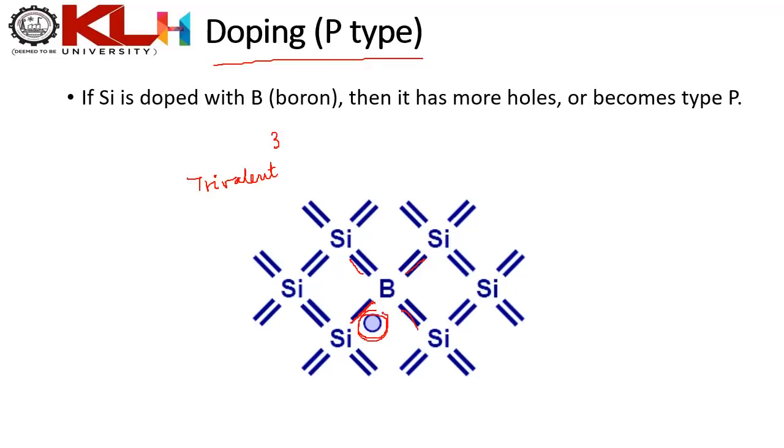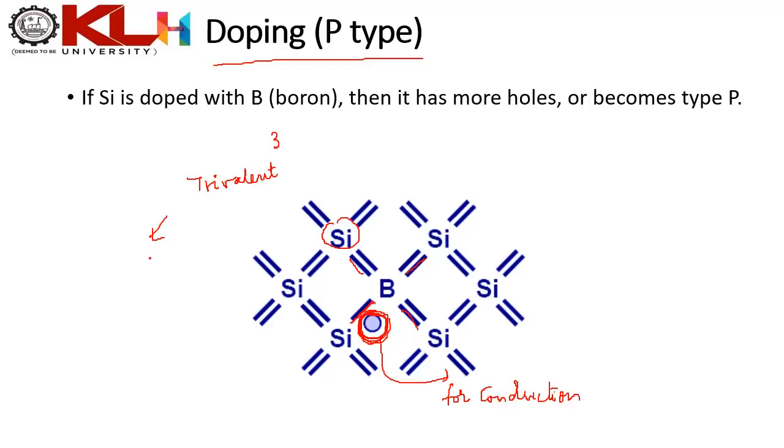It is of course resulting in a hole, which is nothing but a loss of the covalent bond. And now this hole is available for conduction. So when we dope a semiconductor with trivalent impurities, in this case boron, and the semiconductor in this case is silicon, we say that the doping is p type.